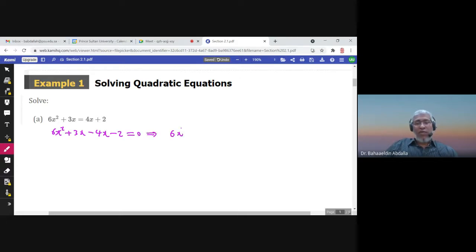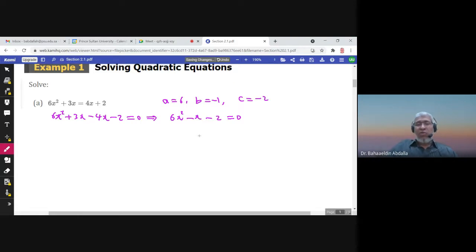And then you will have 6x squared, 3x minus 4x is negative x, and minus 2 equals 0. So 3 minus 4 is negative 1. So now you have a quadratic equation in which a is 6, b is negative 1, and c is negative 2.